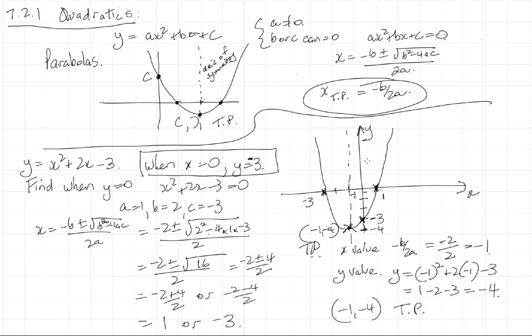The c value, like in other work we've done with linear equations, is just where it cuts the y-axis. And then the turning point, which is in this case the lowest value, the function would have a least value of -4. And we can do that by the x coordinate is -b on 2a.